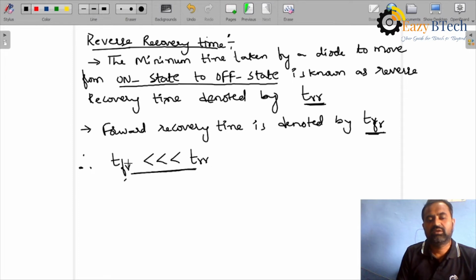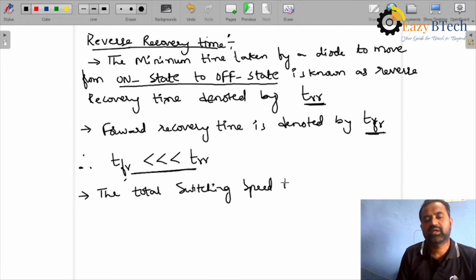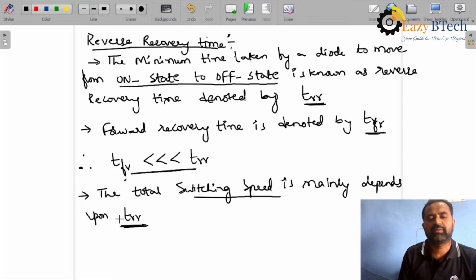That is why the total switching speed mainly depends upon reverse recovery time only. The total switching speed mainly depends upon TRR because the time taken is more. TRR means reverse recovery time only.